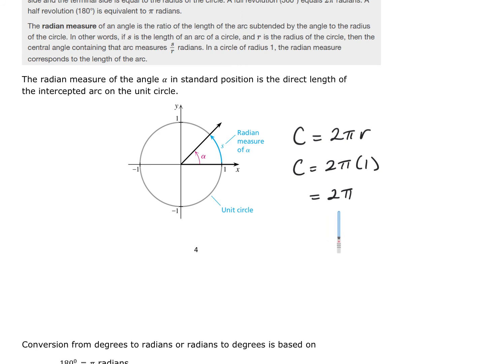If I then take this 2 pi and divide it up here, if 1 full rotation is 2 pi, then that tells me that this arc length must be a quarter of that, or in other words, pi over 2.